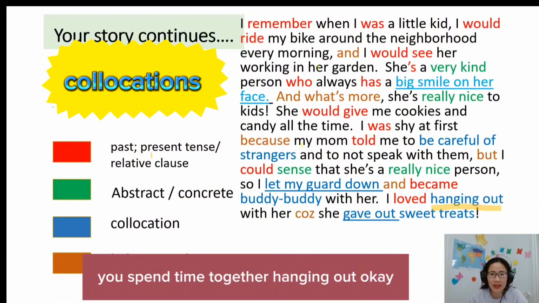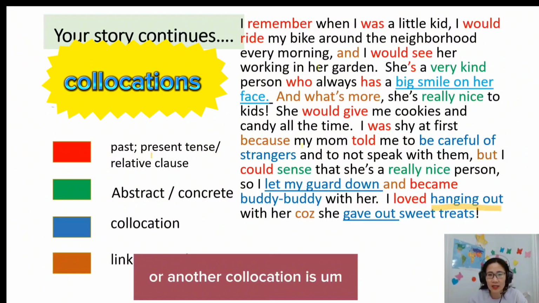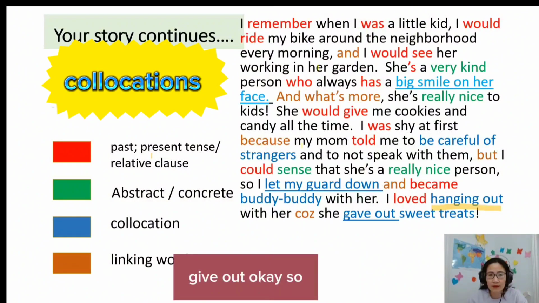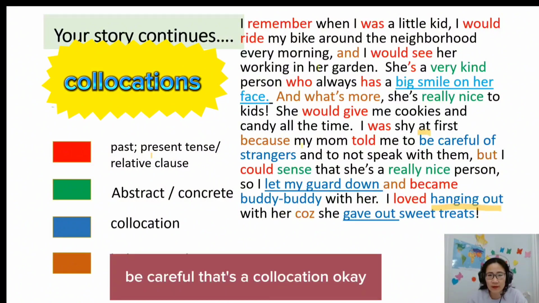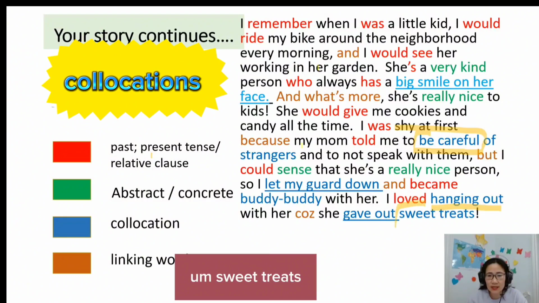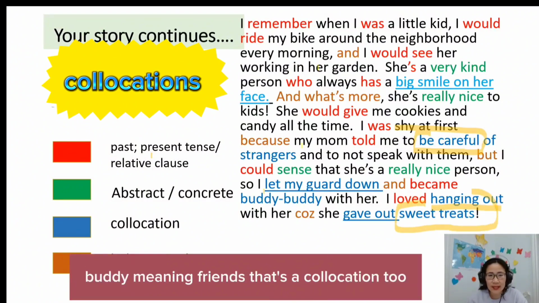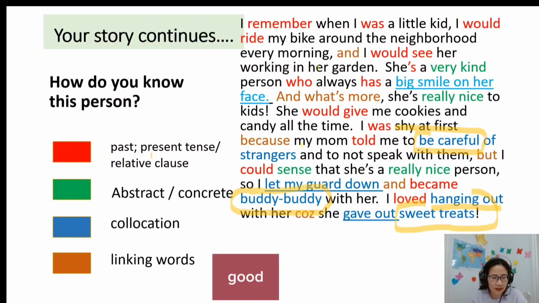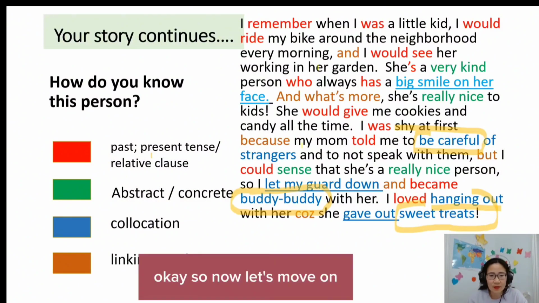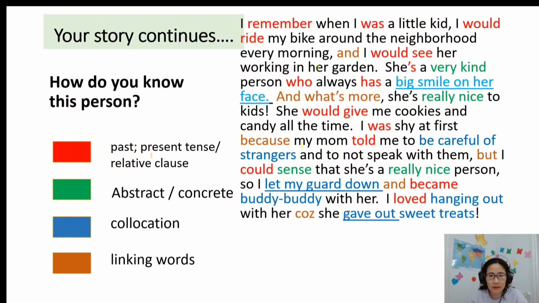Another collocation is give out. Another collocation is be careful. Sweet treats, a collocation. Buddy buddy, meaning friends. That's a collocation too.